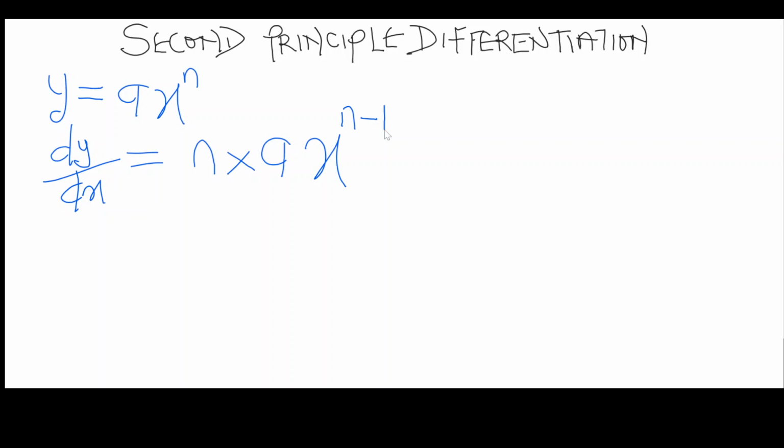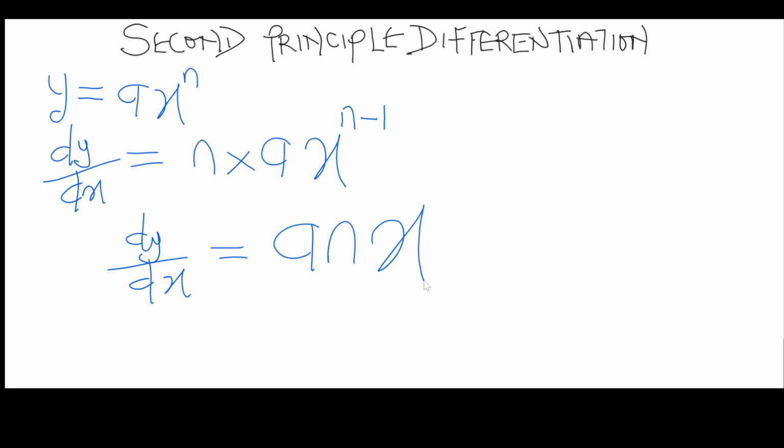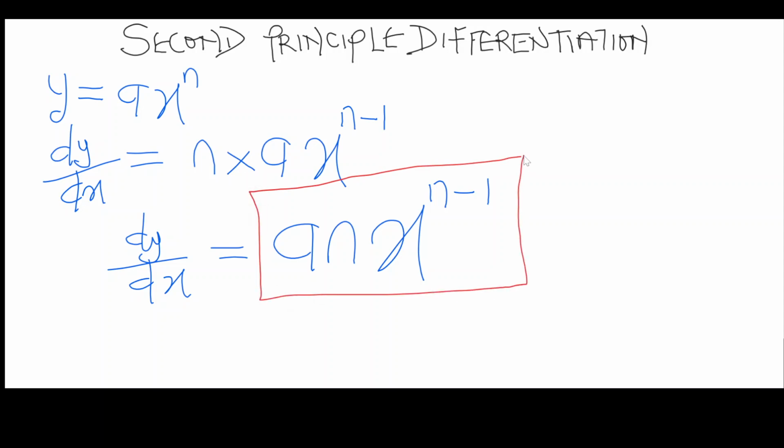So dy/dx equals a n x to the power of n minus 1. This is a general formula to use for differentiation. We call it differentiation with second principle, just a shortcut to getting our differentiation done.